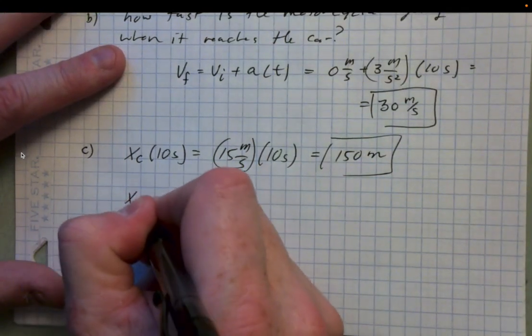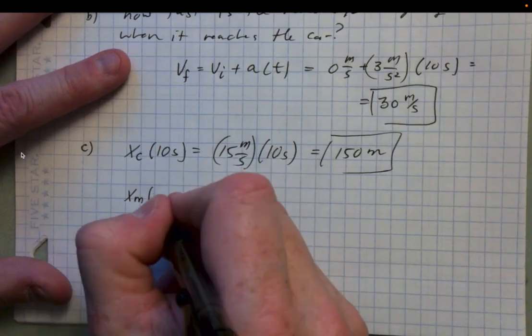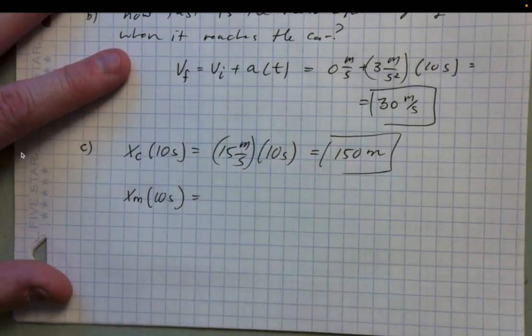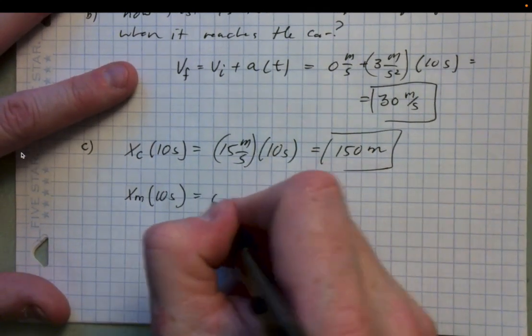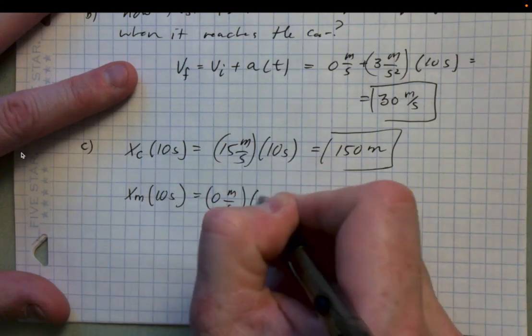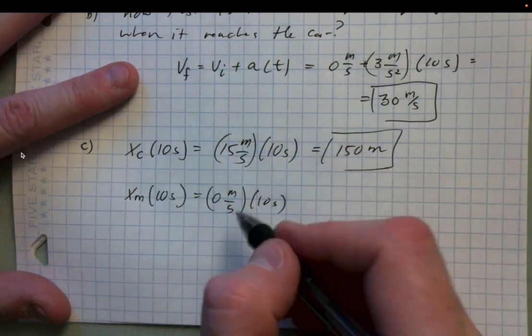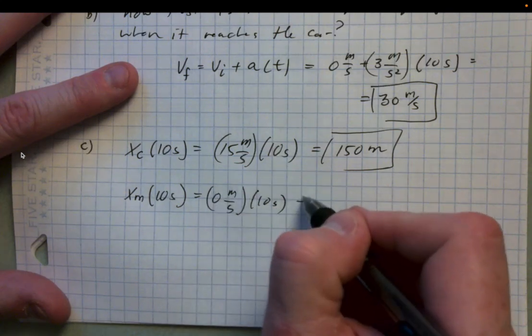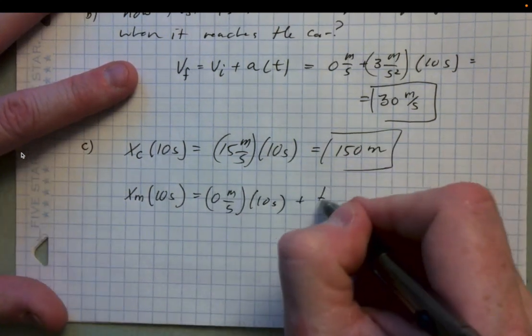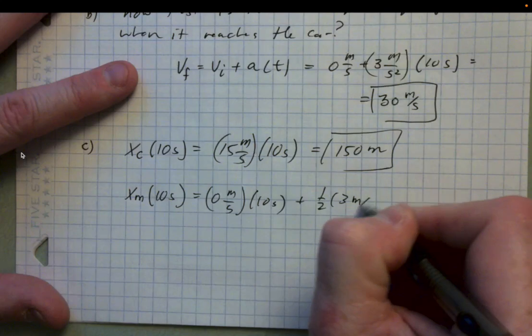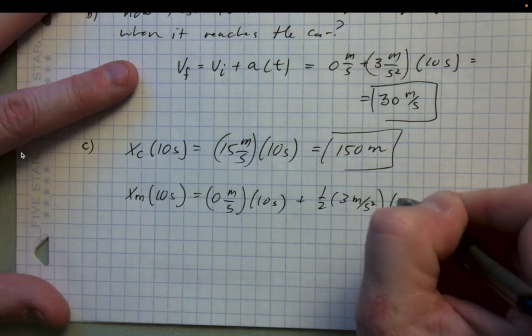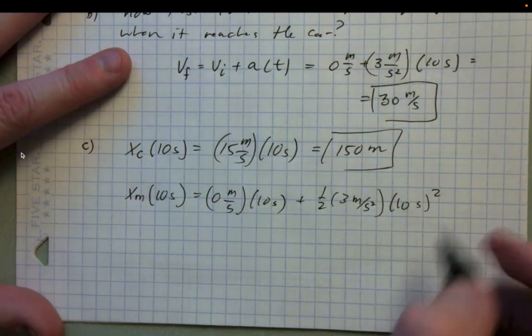Similarly, we could use the position function for the motorcycle. The motorcycle is moving at 0 meters per second initially. Its initial velocity is 0 meters per second for 10 seconds, but it has this acceleration term, so 1/2 of 3 meters per second squared times 10 seconds squared.